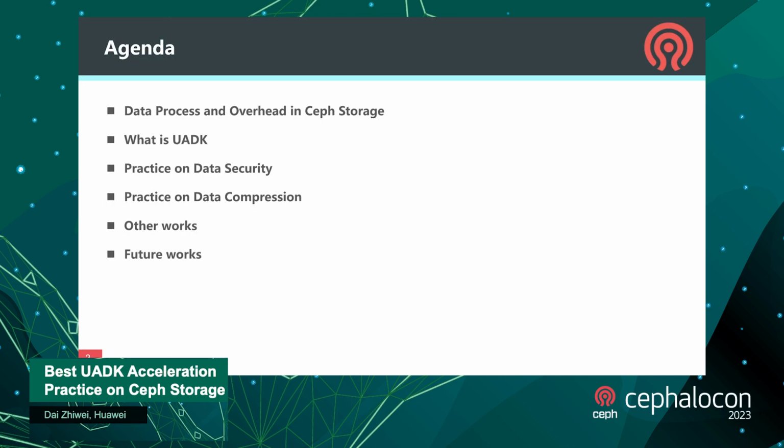And then our practice on Ceph data process offload, including security and compression. I will show you our realization and the result. By the way, I will introduce some other optimization about Ceph data process. And last is our plan or our next step work.